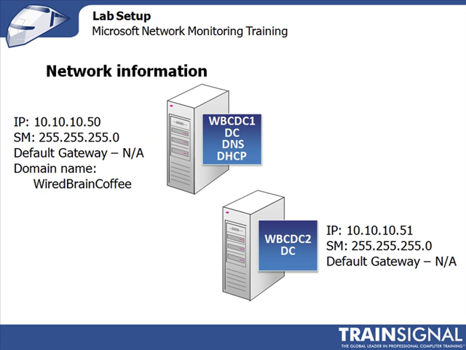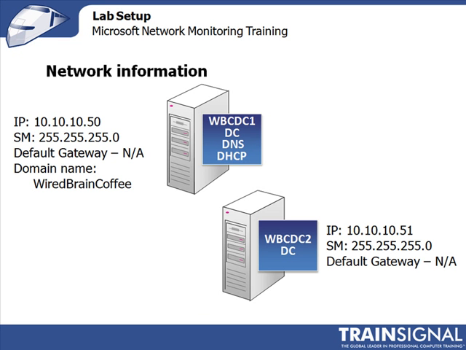The network information on WBC DC1, that's my first domain controller that's also running DNS and DHCP. Its IP address is 10.10.10.50. We have a 24-bit subnet mask, 255.255.255.0, which, if you're not familiar with IP addresses, the subnet mask tells us out of that IP address which numbers belong to the network ID.